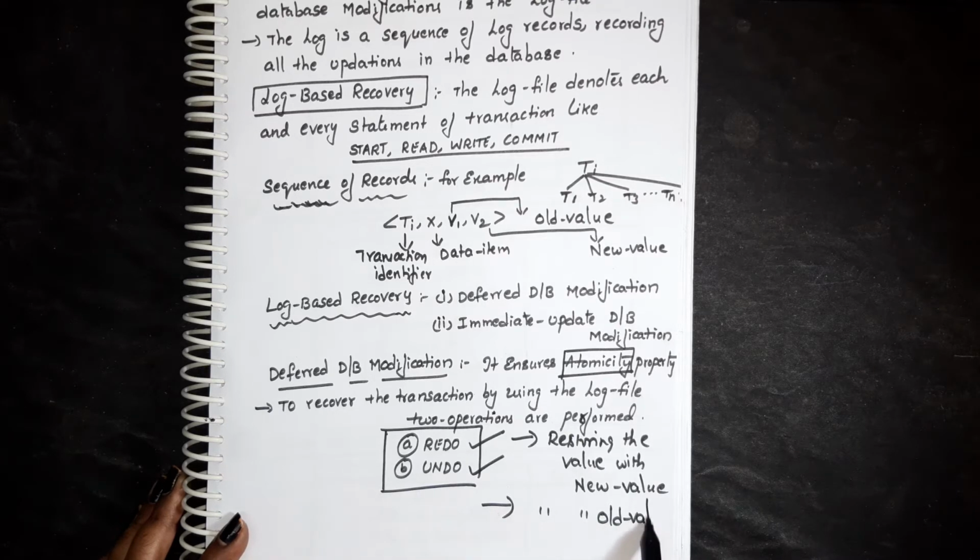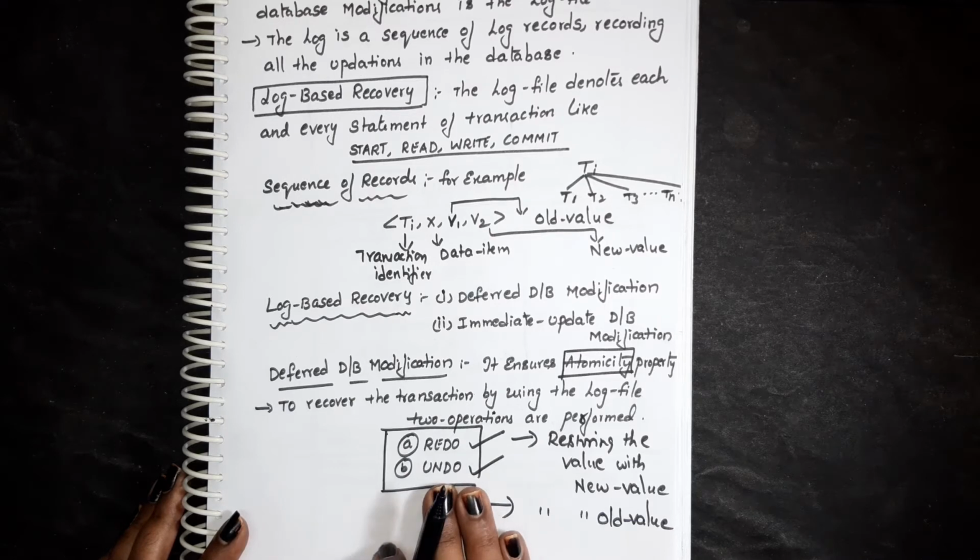That is, if a transaction fails before commit, before commit the changes are not propagated to the database. The updated operations are not stored in the database or disk. For this purpose, the data is stored in the local buffer and the local variable value, so you initialize with the old value. In this case, you use the operation called undo.